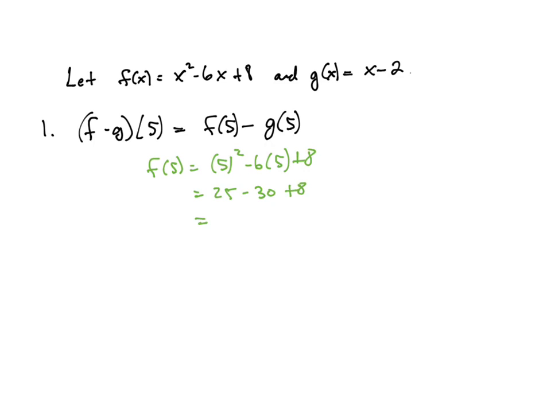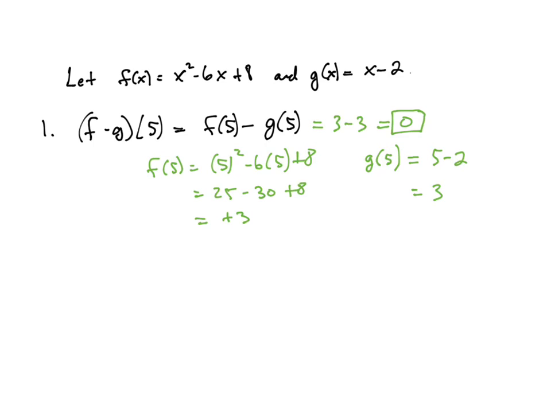That's positive 3. And then g of 5, putting 5 into the g function, we have 5 minus 2, which is 3. So combining f of 5 minus g of 5, we have 3 minus 3, which is 0. So that's how we evaluate that.